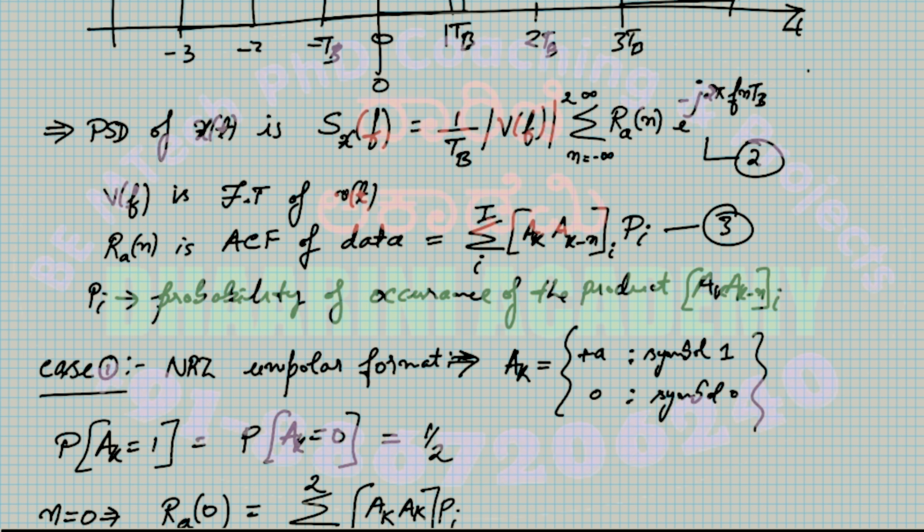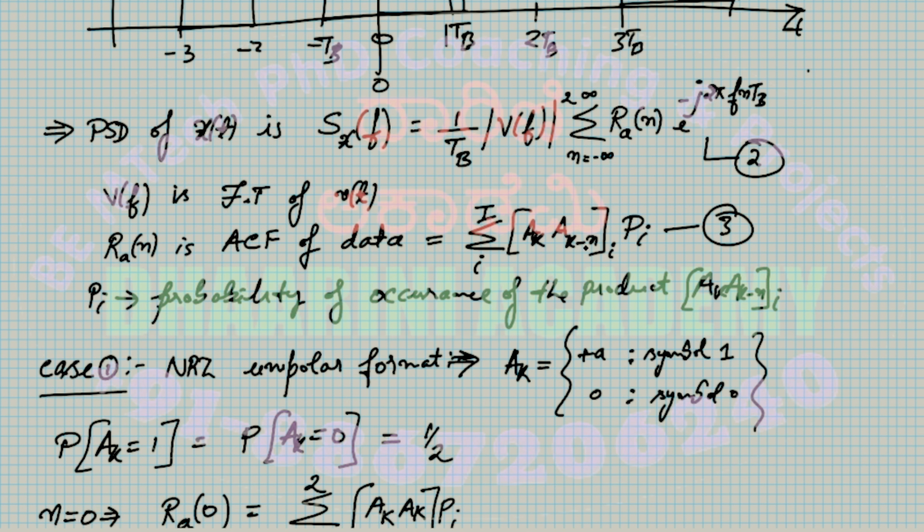But we have not seen what Ra of n is. It is called the autocorrelation function of the given data, and there is a fixed formula to calculate it every time. It is a summation where i is my variable going till capital I, where capital I is the number of combinations you can get for Ak into Ak minus n. Inside the bracket in equation number 3 you can see Ak into Ak minus n.